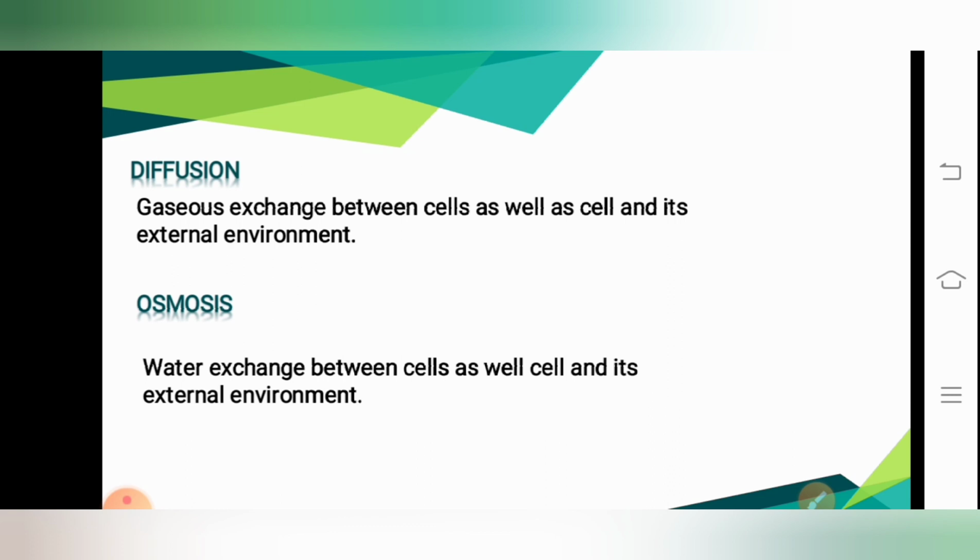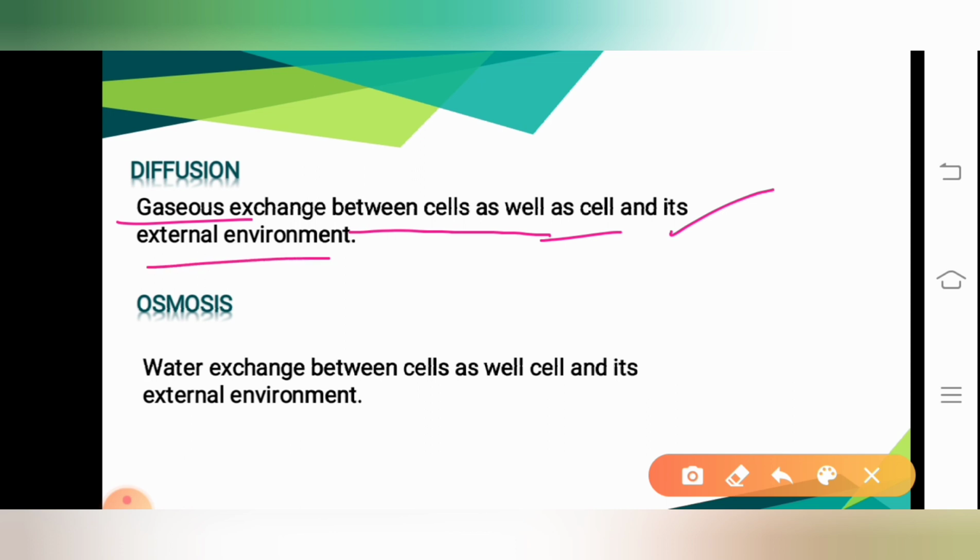When I talk about diffusion, diffusion is the gaseous exchange. Diffusion is a process where the gaseous exchange takes place between cells, as well as between a cell and its external environment.